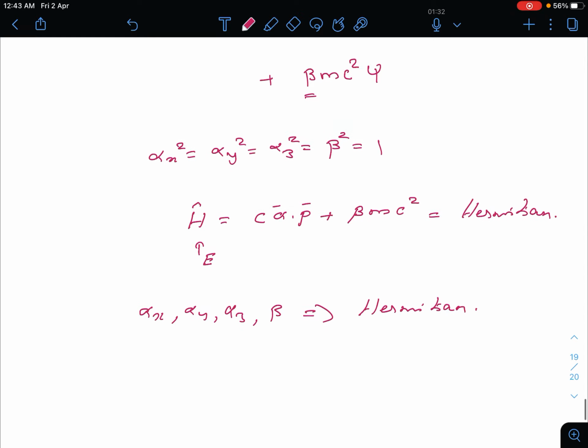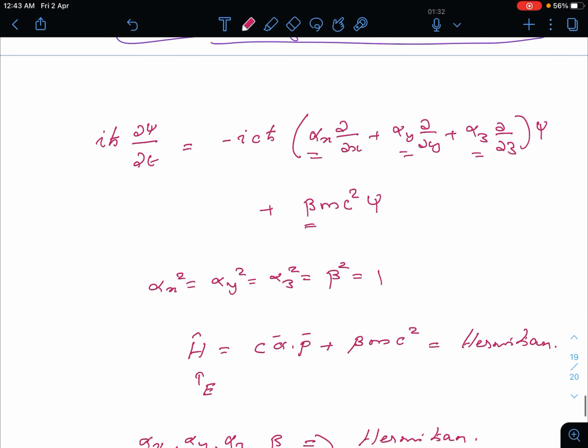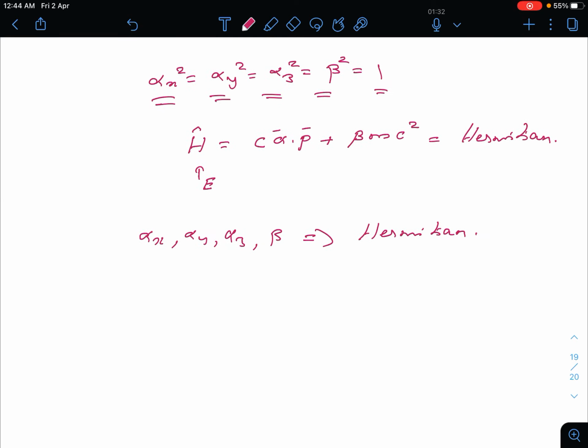And of course we know that the squares of all these matrices, αx², αy², αz² and β², are unity.